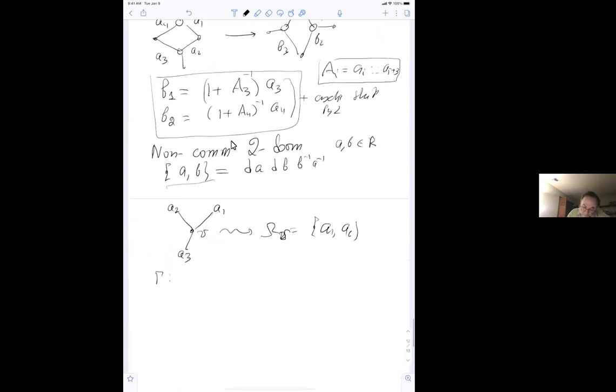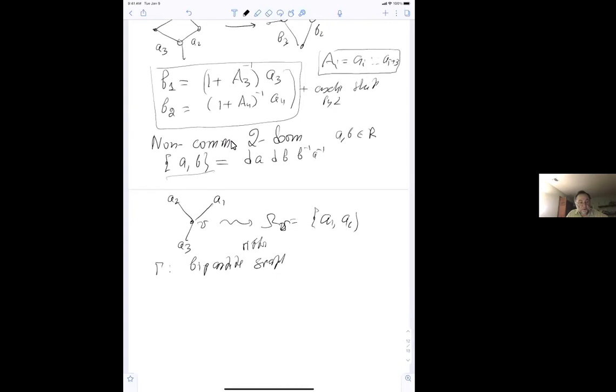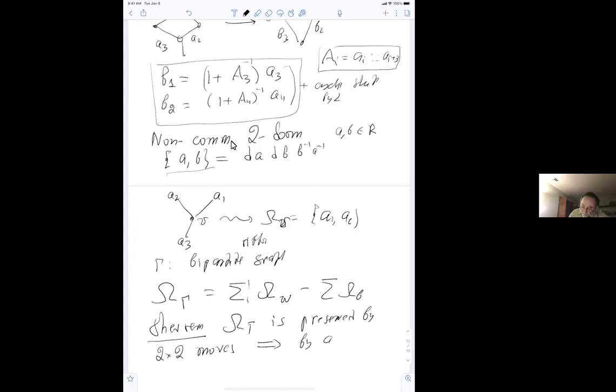And then if you have gamma a bipartite ribbon graph, then you can associate to it the form related to this graph, which is the sum of omega whites minus the sum of omega blacks. And then the theorem is that this omega gamma is preserved by 2x2 moves, and therefore by any cluster transformations.